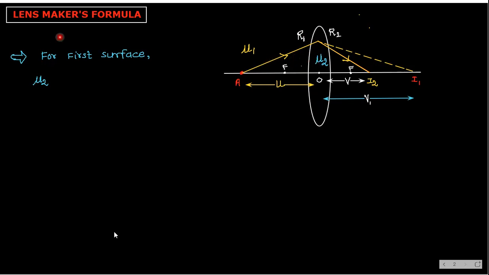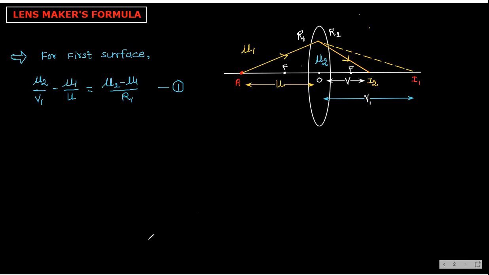So for this curved surface, mu2 by v1, because of this you are getting this image, and that's why your image distance is v1 for this curved surface, minus mu1 divided by the object at distance u, that's why mu1 by u is equal to mu2 minus mu1 divided by R1. Call this equation number 1. Understood? Is that clear?